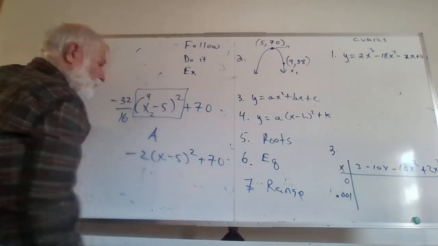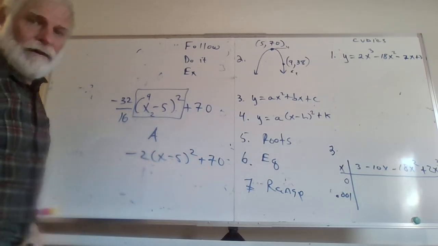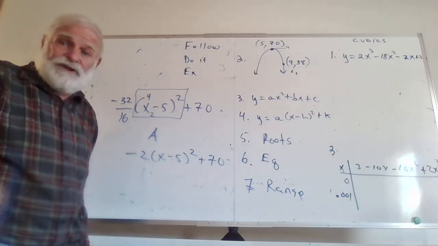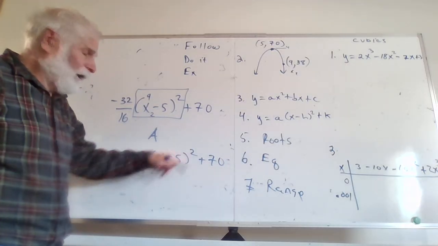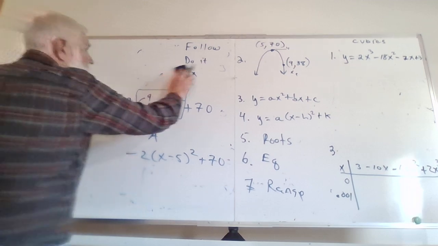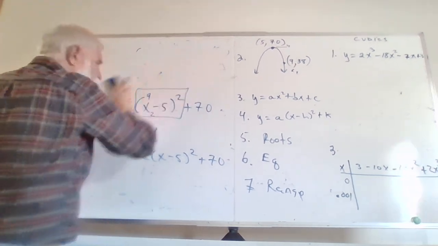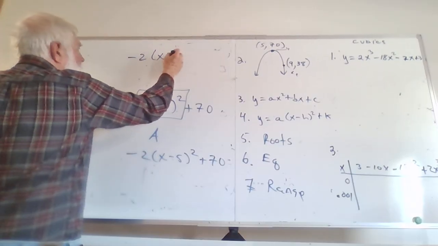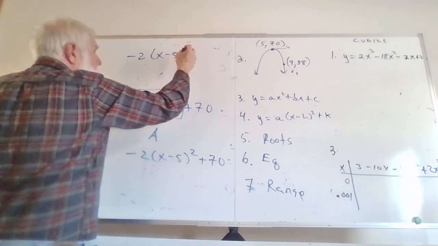All right, now maybe you couldn't square a binomial quickly and easily 5 lesson sets ago. That's how you judge your learning. Can you do (x minus 5) squared quickly? We'll find out. So let's put that up here: minus 2(x minus 5) squared plus 70.